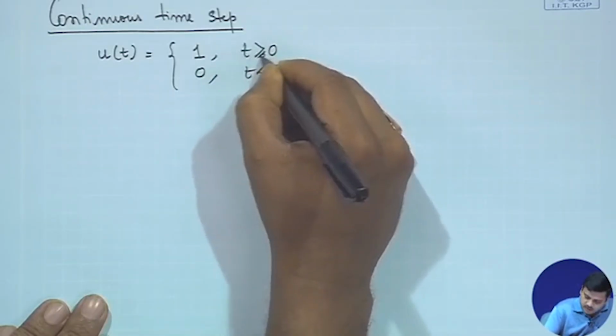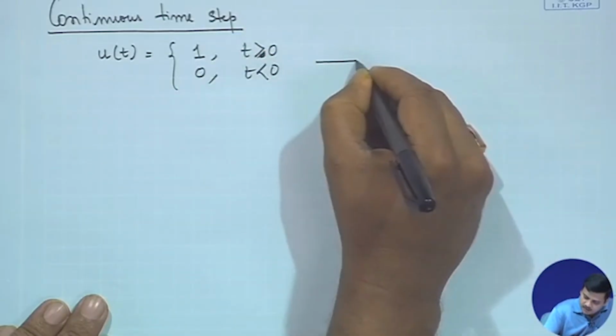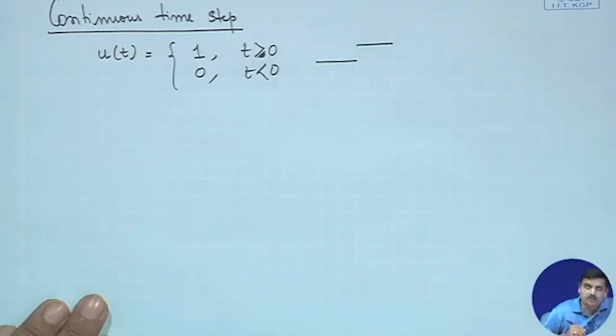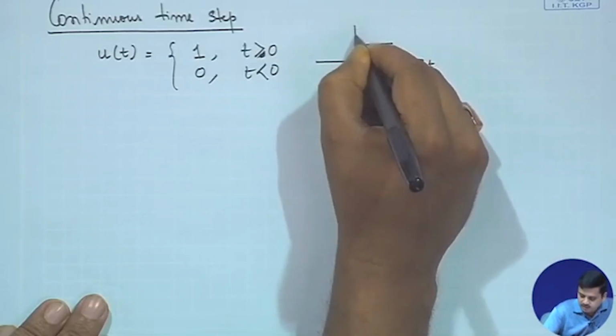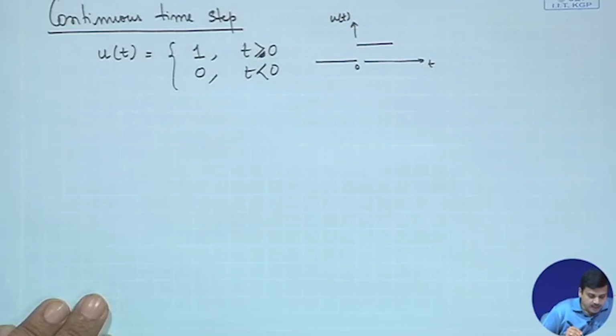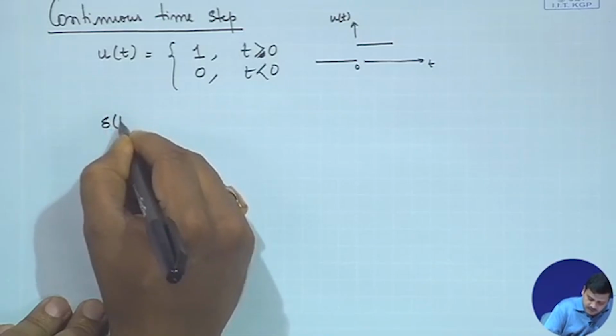So, that means you do not know what the value is at 0. Just at greater than 0 it is 1. So, this is the unit step function, if this is 0 and this is the time axis, right. Okay. And then there is another important function, which is the delta function.